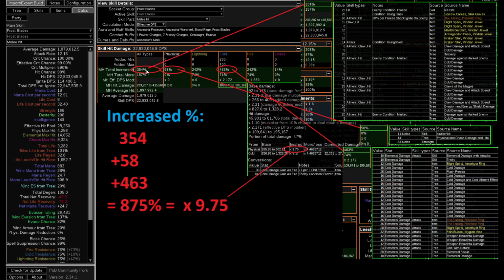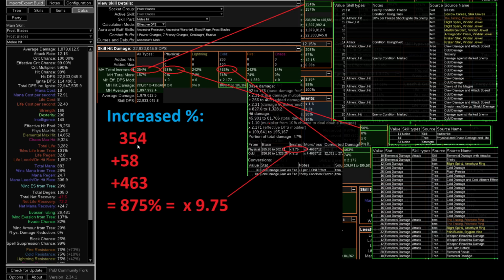Okay. So physical damage, because it's all getting converted to cold, is going to benefit from generic increased, which is these ones here, all these numbers here, and then physical specific increase, which is these three numbers here, this 58%, and this 463% cold specific multipliers here, which is all these ones here.